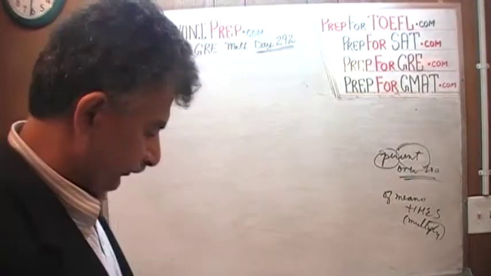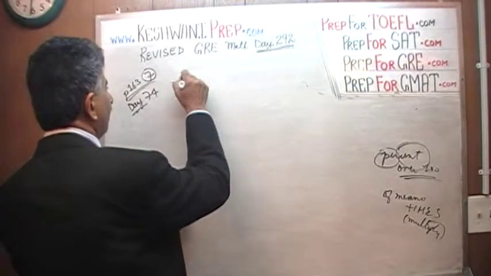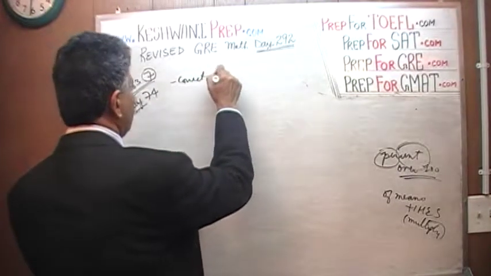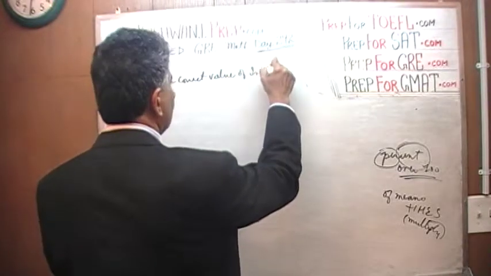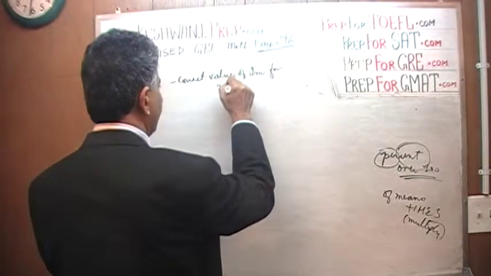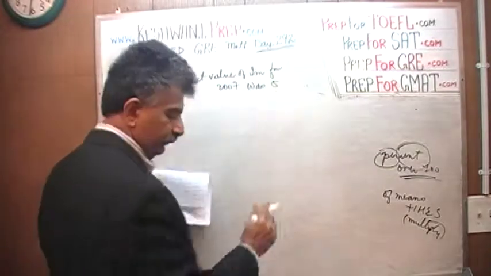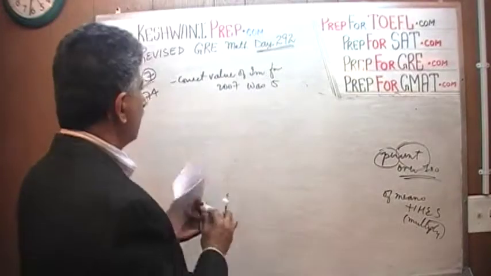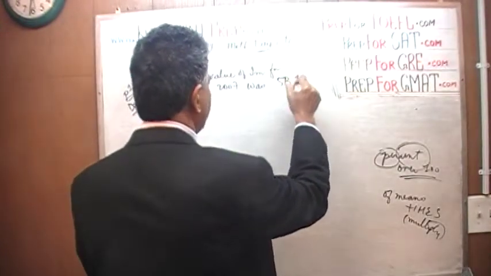That's all. So the correct value of import for 2007 was $5 billion.